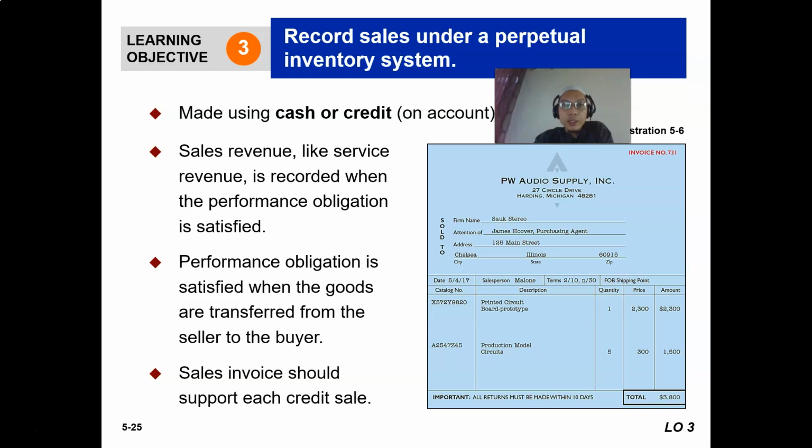Okay, so under the perpetual inventory system, sales revenue, similar to service revenue, is recorded when the performance obligation is satisfied.